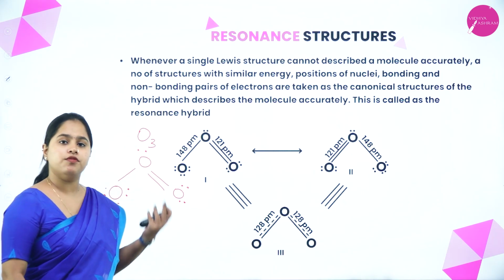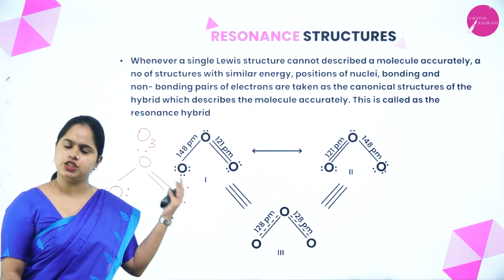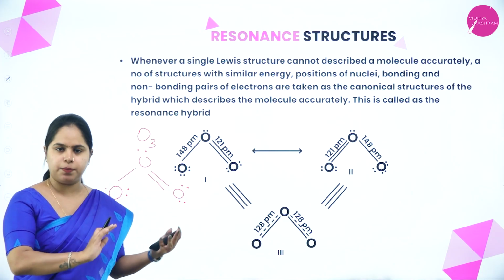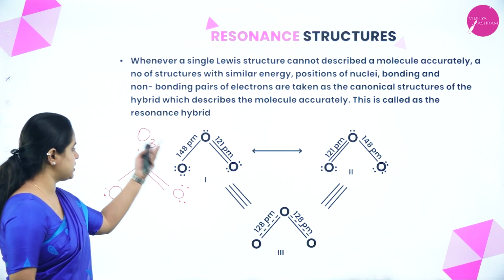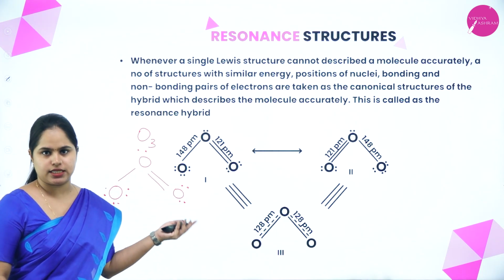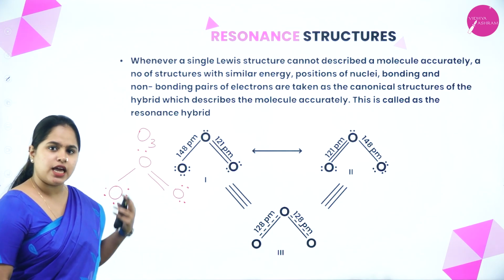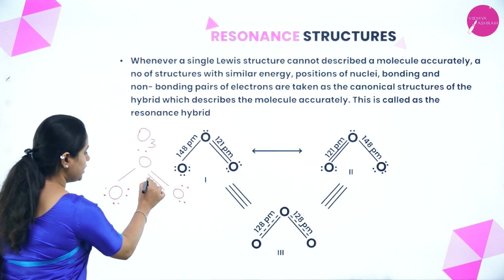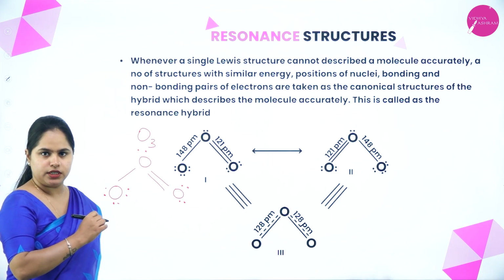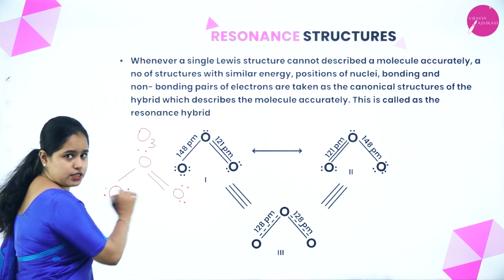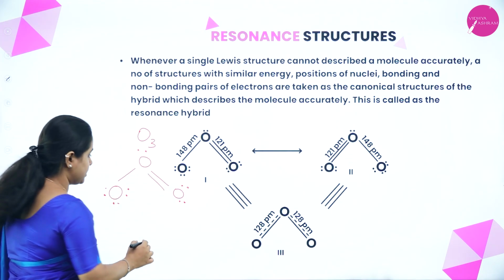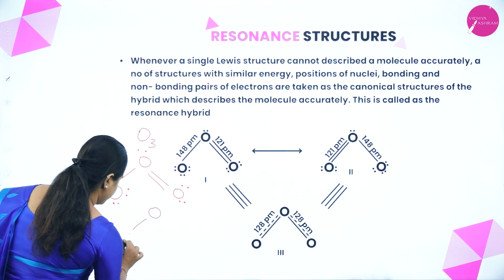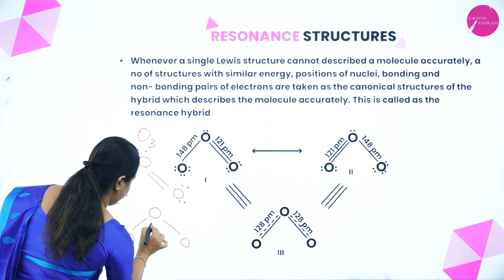From this we were able to calculate the formal charge using the equation. So let's keep aside the formal charge for now. As you can see, this is one structure that is possible, right? In the same way, can I shift this double bond here? If I write the double bond in here instead, the structure becomes like this now, okay?